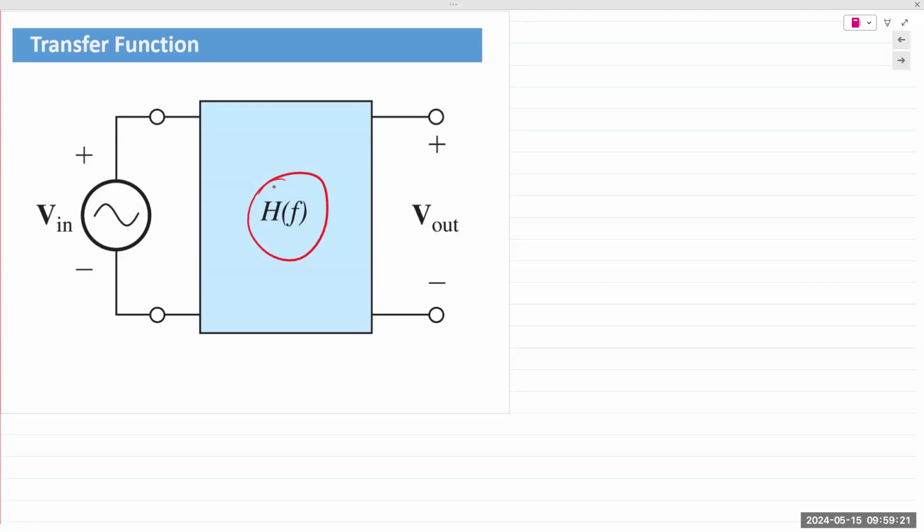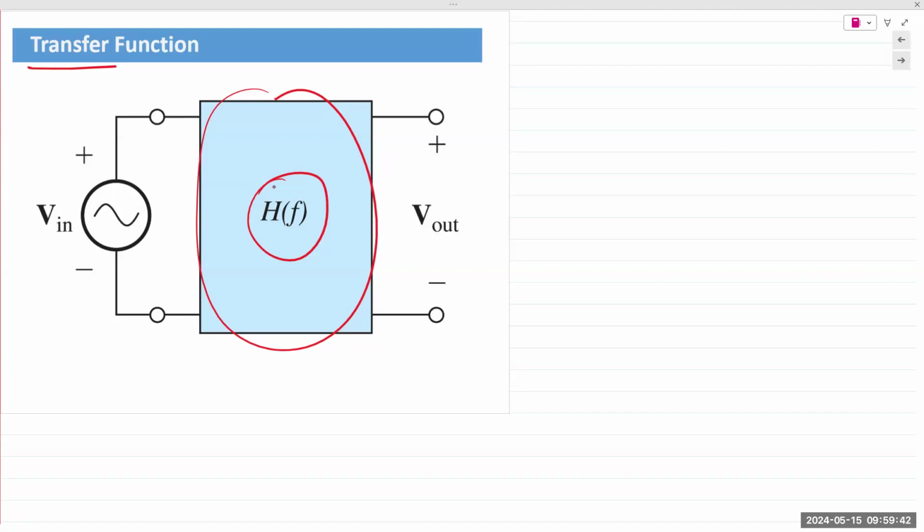So the transfer function of a circuit describes how the input is transferred to the output.